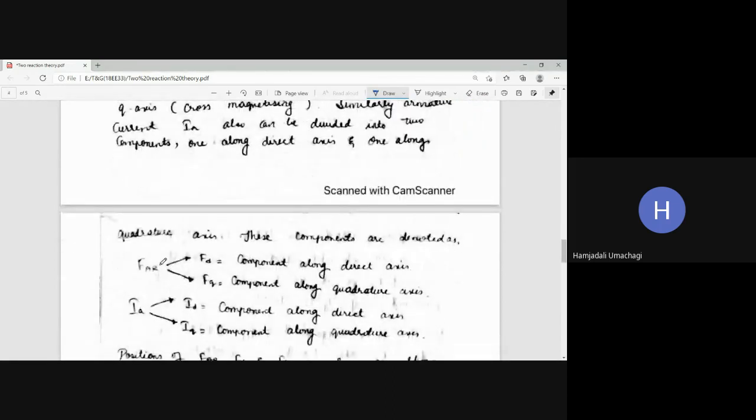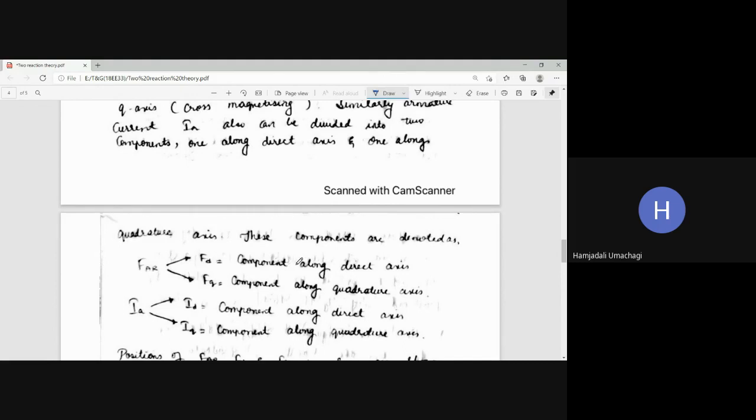When the armature winding carries current, it is going to produce its own field. That field is divided into two components: one acting along the direct axis, denoted by FD, and the other acting along the quadrature axis, denoted by FQ.